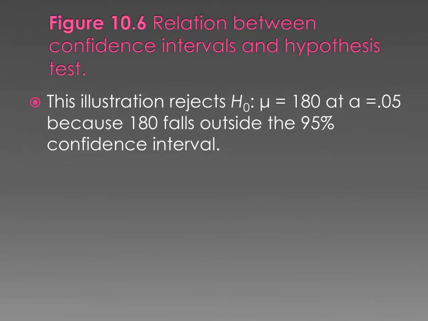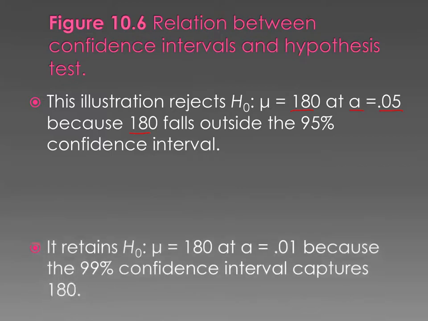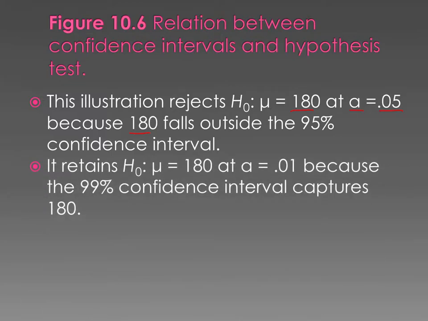So we have an illustrated example where we reject a null hypothesis of mu equals 180 at alpha level 0.05, because 180 falls outside the range of the 95% confidence interval. You will retain the null hypothesis at 180 at 0.01 because the 99% confidence interval does capture mu at 180.